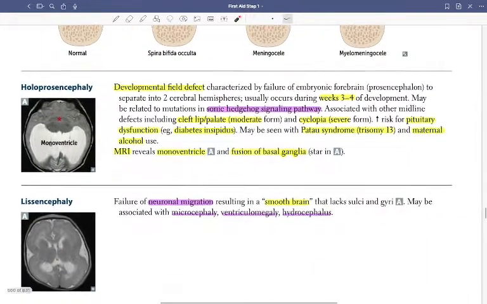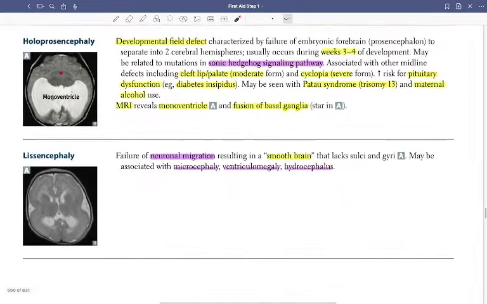Next we come to holoprosencephaly, and quickly we get this done with. Holoprosencephaly means this thing: prosencephalon hasn't divided. So obviously you are going to have a single eye and all of that. You can just imagine this thing.